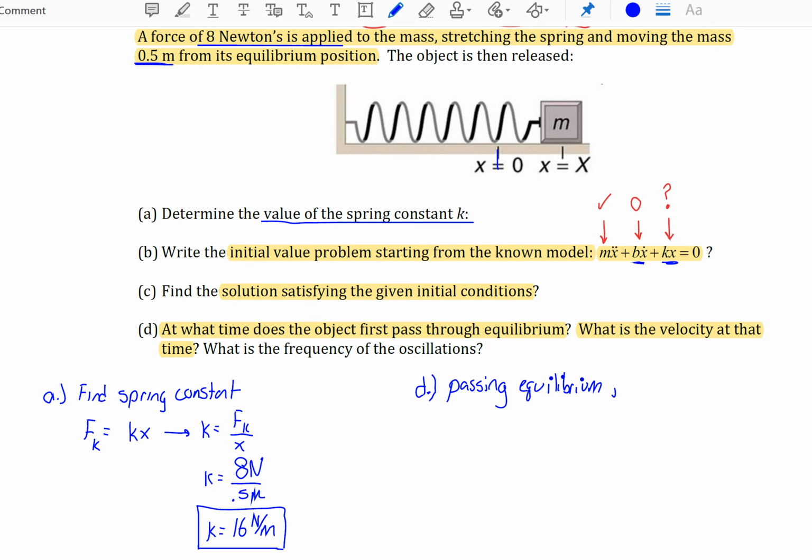So remember here, x equals 0. This is your equilibrium. So we stretched our spring to the right and then let it go from rest. And then your spring would naturally start moving back and forth like this. We're asking, when did it first pass equilibrium? Which would be this point on our curve. And so it's going to be when your position is 0 again.